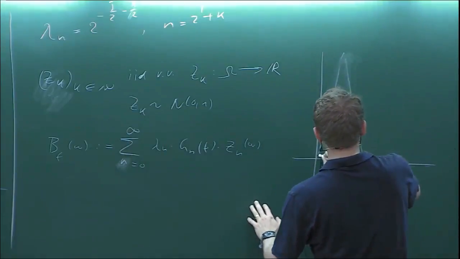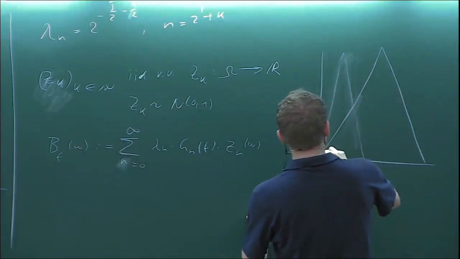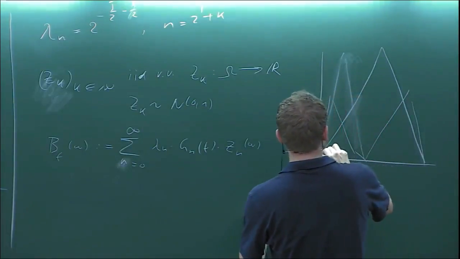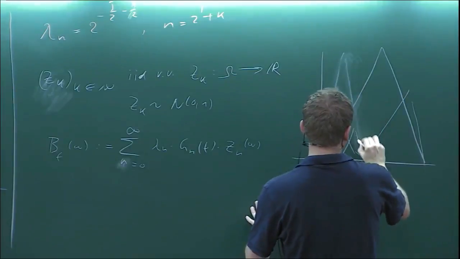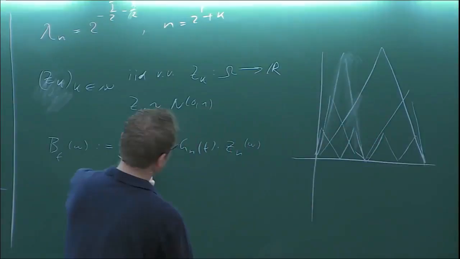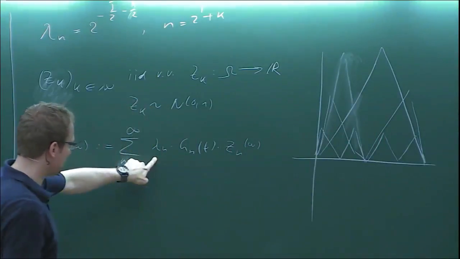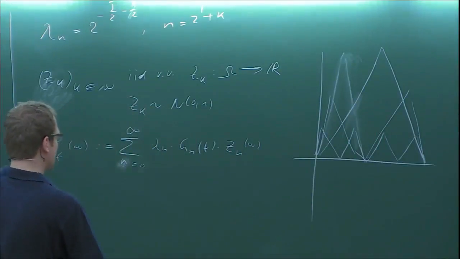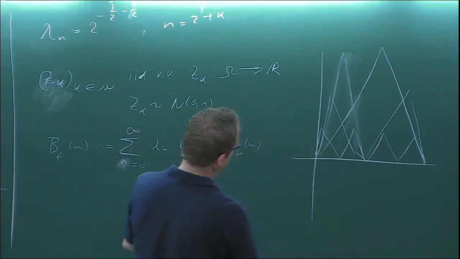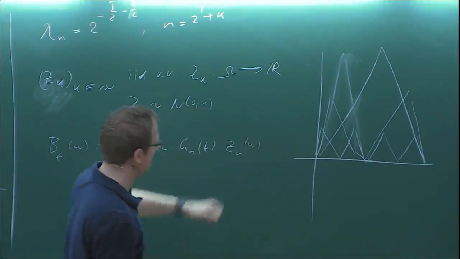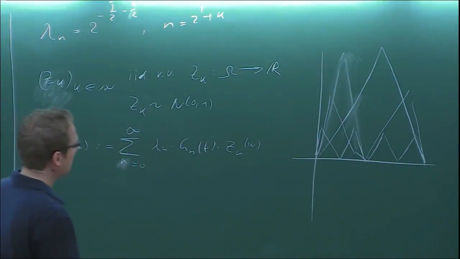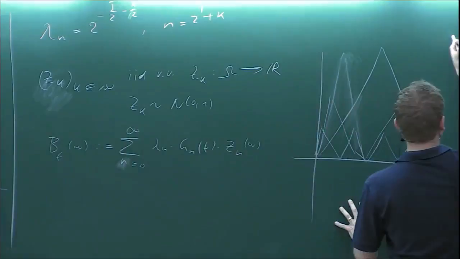Then we have smaller values here, and then even smaller values here, but they're all random. They're all randomly modulated by some standard normal distribution. So we're summing up random values of these peaks, random distortions of these peaks. So how can you understand this?